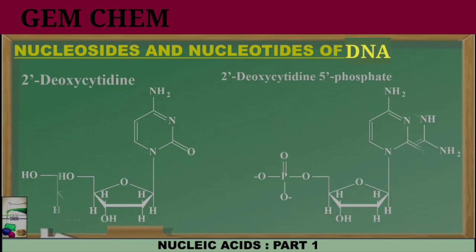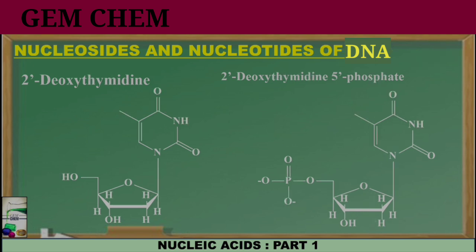Next you have this one also. So in this case also, this is 2-deoxycytidine, and this is also one of the nucleotides and nucleosides for DNA. Here only the replacement is in this position. And the last one is thymidine. So thymidine, 2-deoxythymidine or 2-deoxythymidine 5-phosphate. So in this case also it is for DNA.